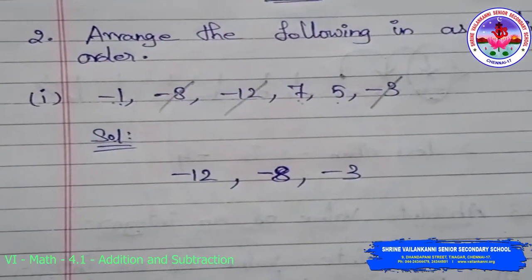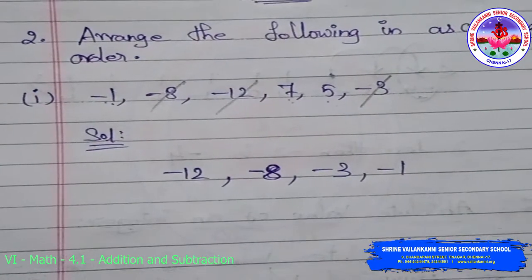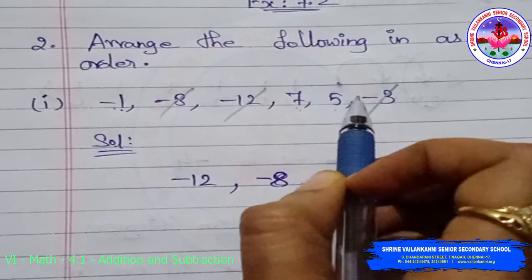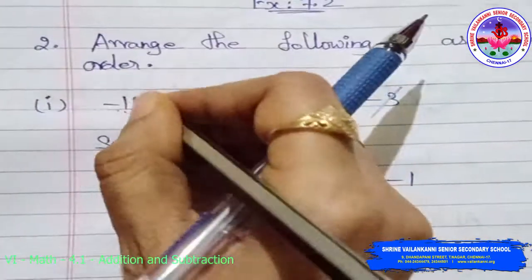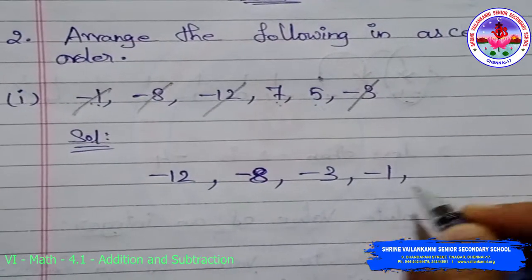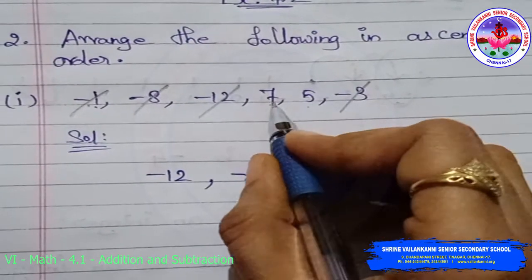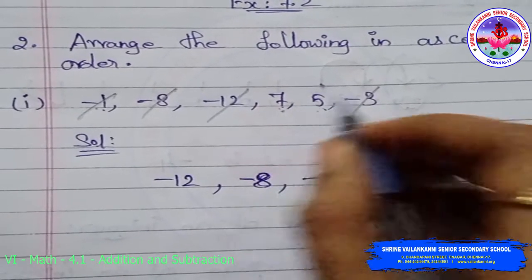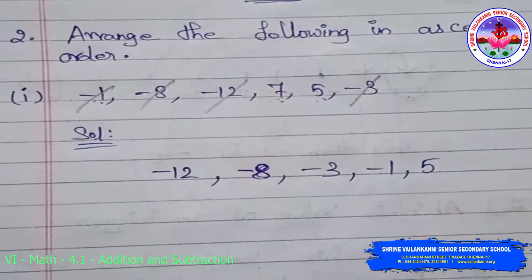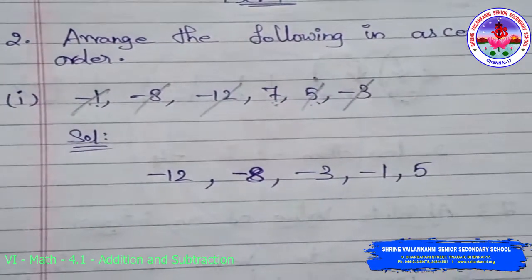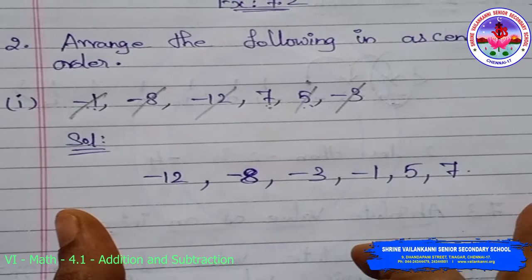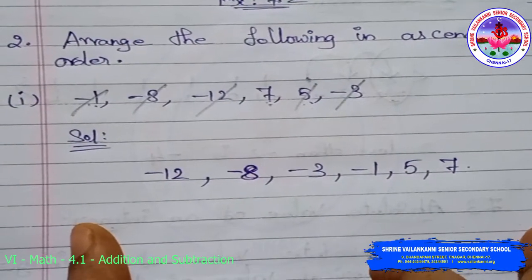The next smallest number is negative 1, comparing with the two positive numbers. Now both the values are positive, 7 and 5. The smaller number is positive 5, the largest is positive 7. This is the ascending order for this set of values.